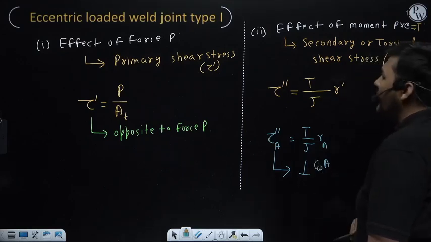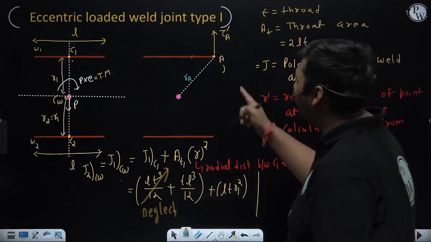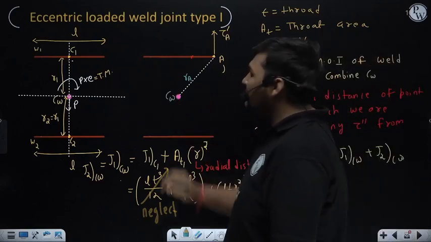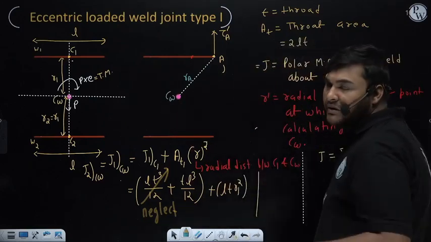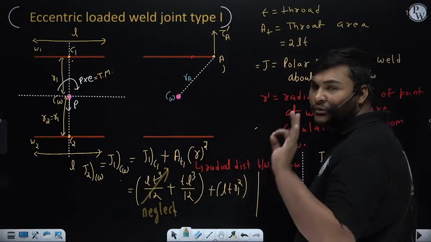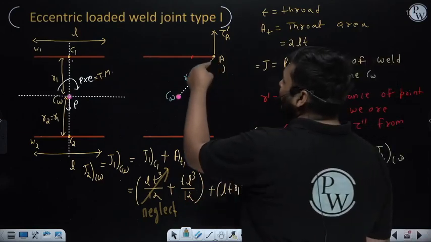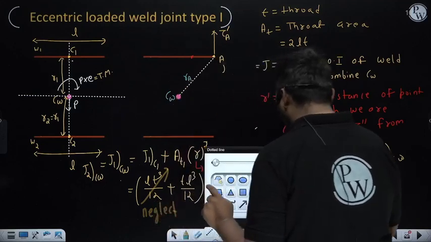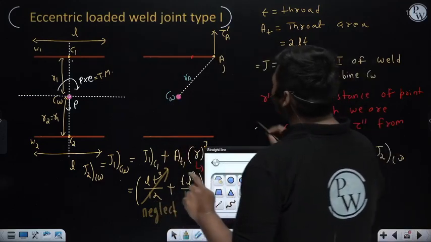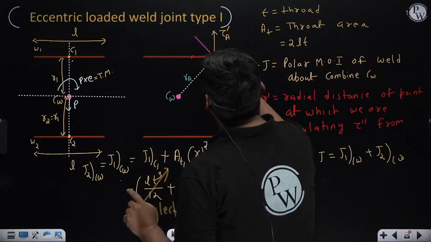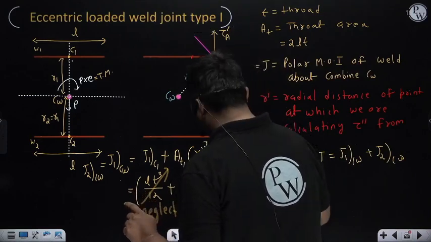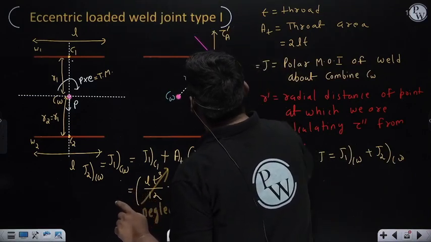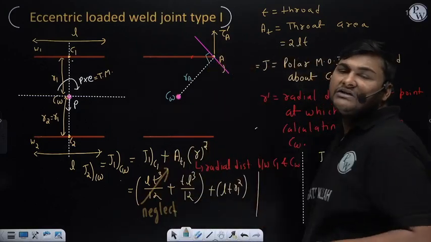Means the direction of secondary shear stress will be, I will explain how to find sense, perpendicular to this line, means the line joining point A and CW. Right now this is the line joining point A and CW. So the direction of secondary shear stress will be perpendicular to this line, means this angle will be 90. Now in this direction secondary shear stress will come.